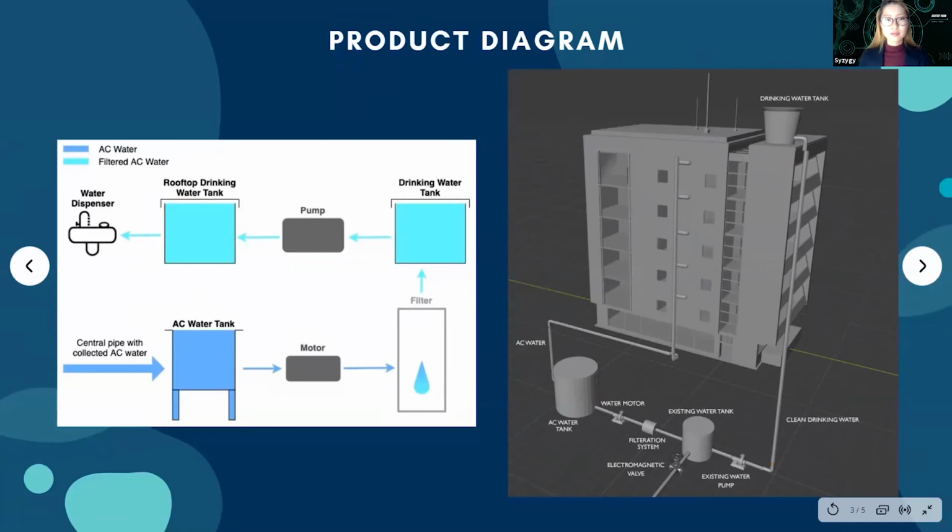Okay, so about the pump problem, it depends on the infrastructure. Some tall buildings may have even more pumps upstairs, in the middle, to support it, or else the pressure is not enough to pump the water all the way up. So it depends on how many existing pumps are there already. We don't really need to move the existing pump. We just need to add the motor to push the water through the filter, and that will be enough.